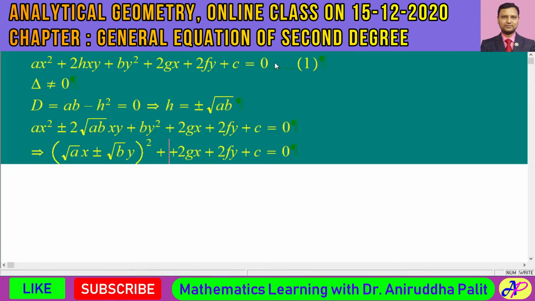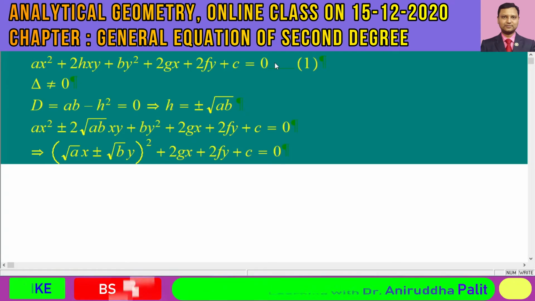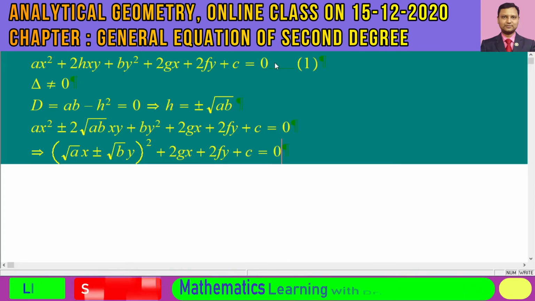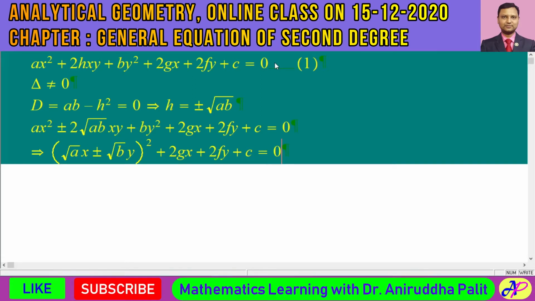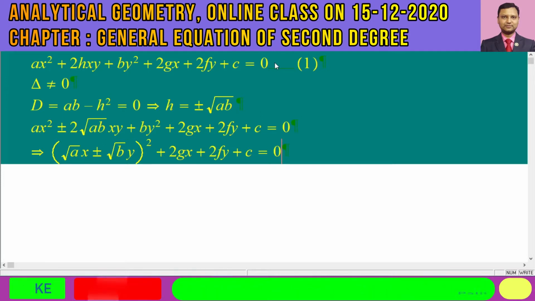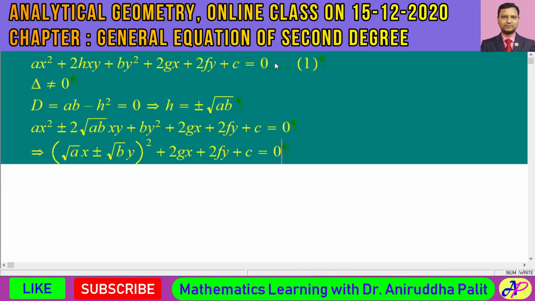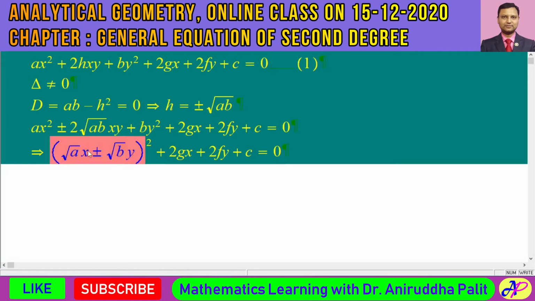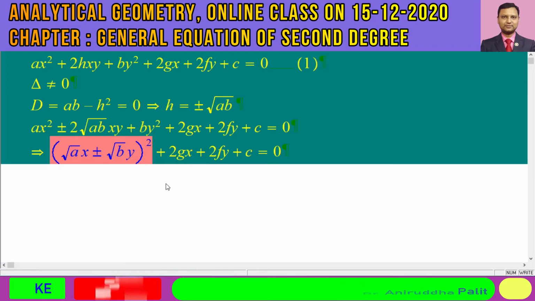Got it? So d is equal to 0 would always mean that the first three terms, ax square plus hxy plus by square, together form a perfect square expression, and that is this kind of expression.